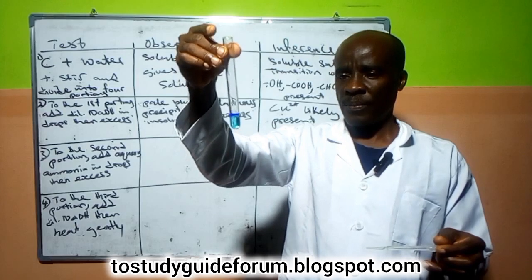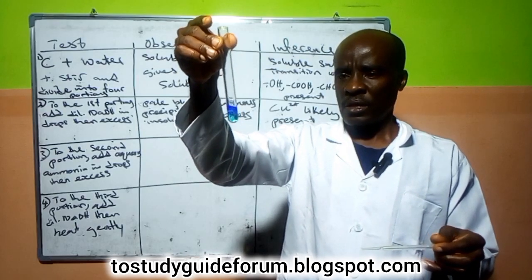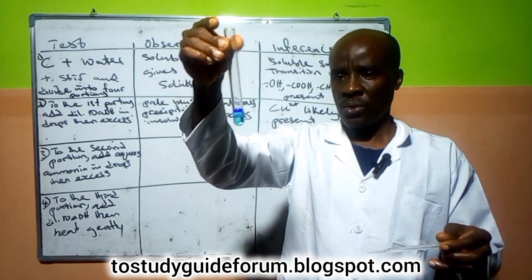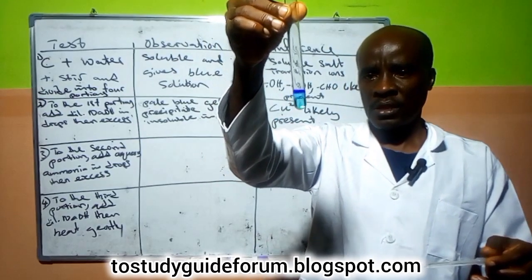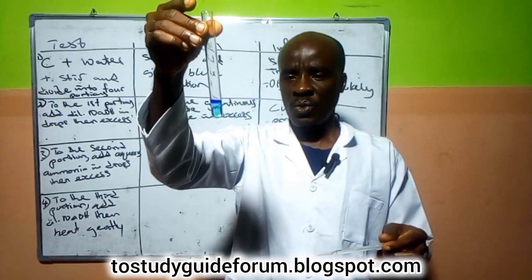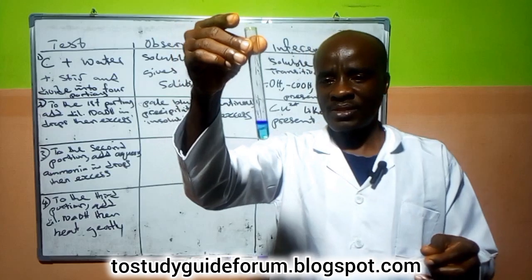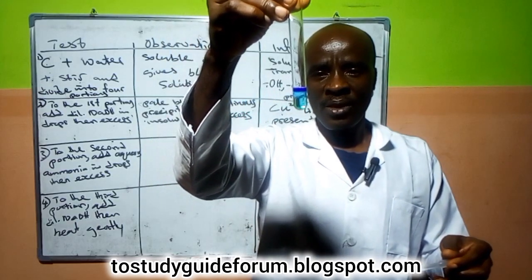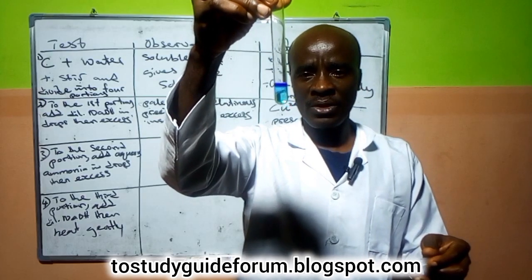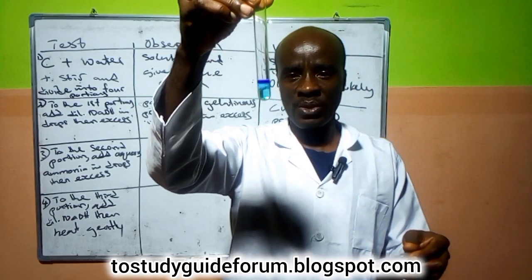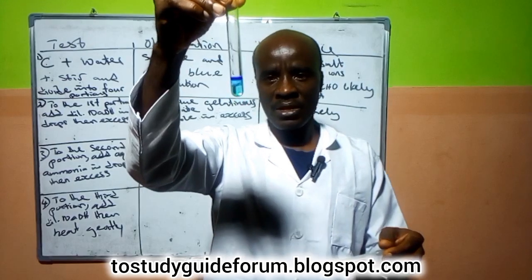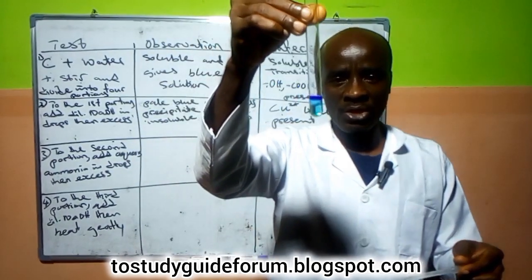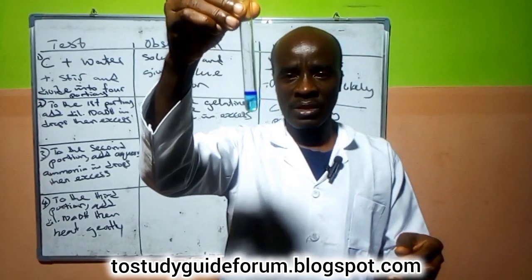Now we have another pale blue gelatinous precipitate again. And there's something I want to explain here. You notice that we have a kind of three layers: deep blue color, pale blue color, and the region that's more like what we have originally. That means the region that has not been touched by the aqueous ammonia.